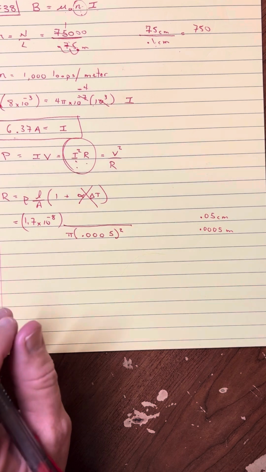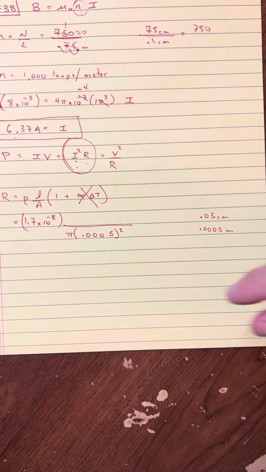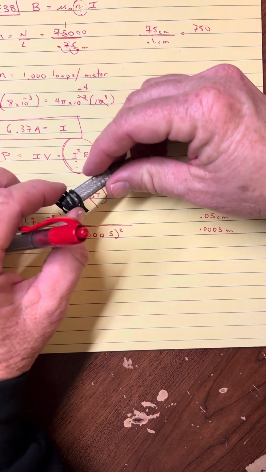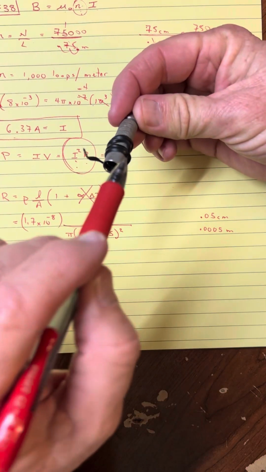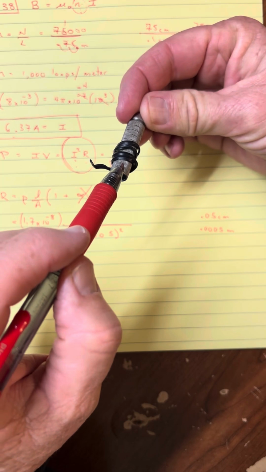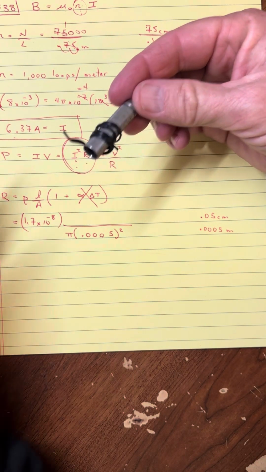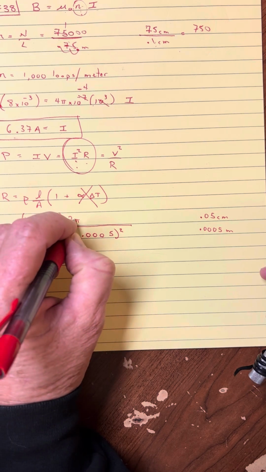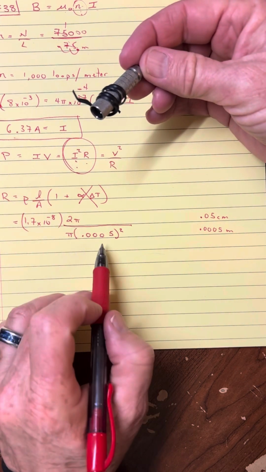Now, the length of it. How long this is would be the circumference for one loop, and then how many loops do I have? So it's going to be 2 pi r. Now, I want to be careful. This is a different r.